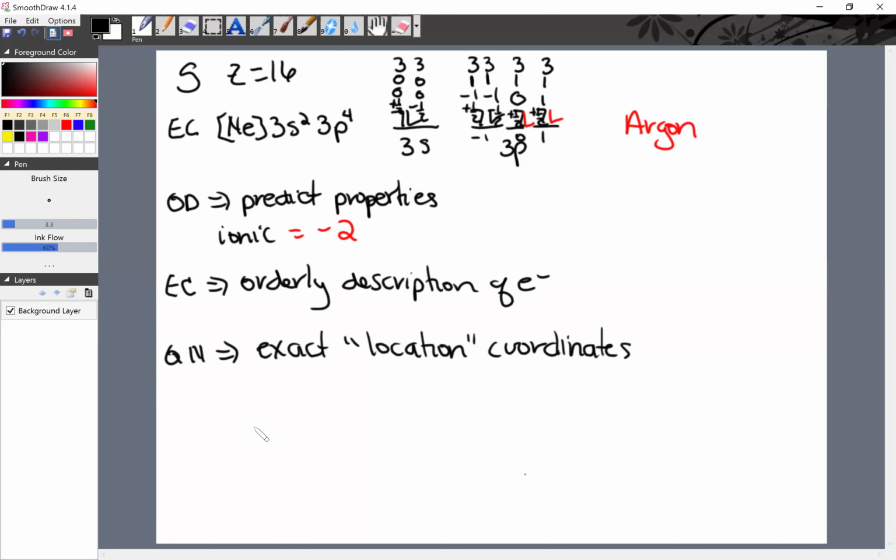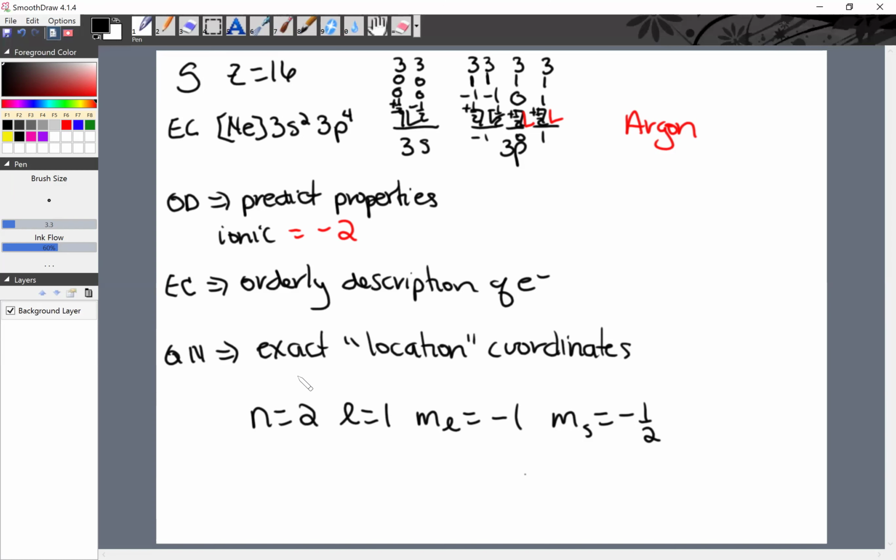If I gave you n is equal to 2, L is equal to, let's say 1, m sub L is a -1, and m sub S is equal to a -1. So if those are the quantum numbers I gave you, you can actually draw the orbital diagram and the electron configuration.